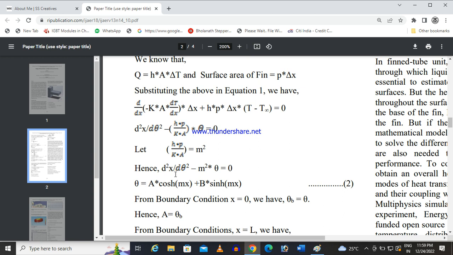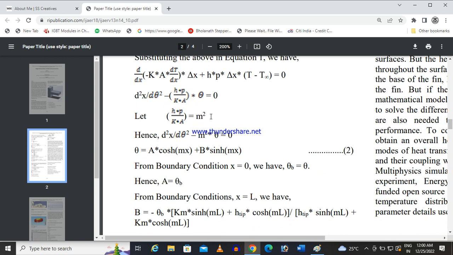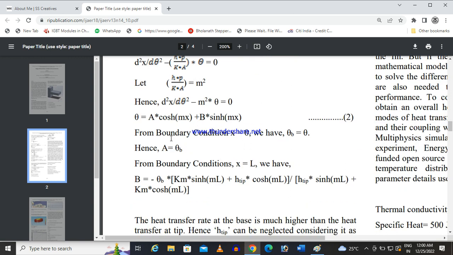This hP by kA, which is m square, is called the fin parameter, and this is a simple differential equation, d2 theta by dx square minus m square theta is equal to 0, whose solution is theta equal to A cosh mx plus B sinh mx.